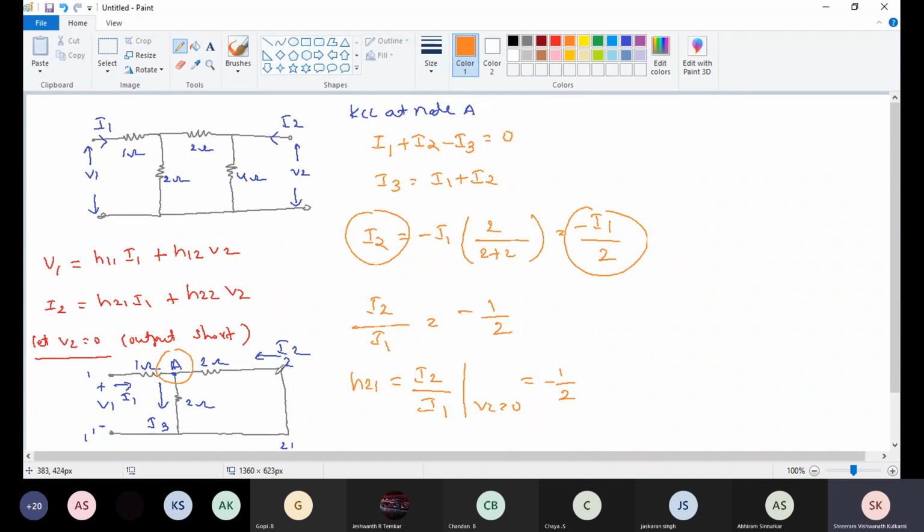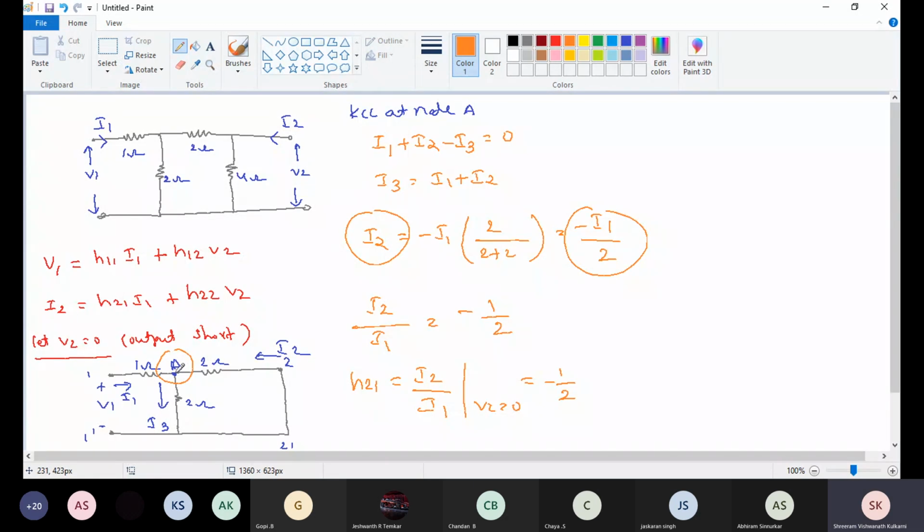Simply what I am doing, I am just short circuiting the output port, that is V2 equal to 0. Then I am writing the equation in terms of H parameters.